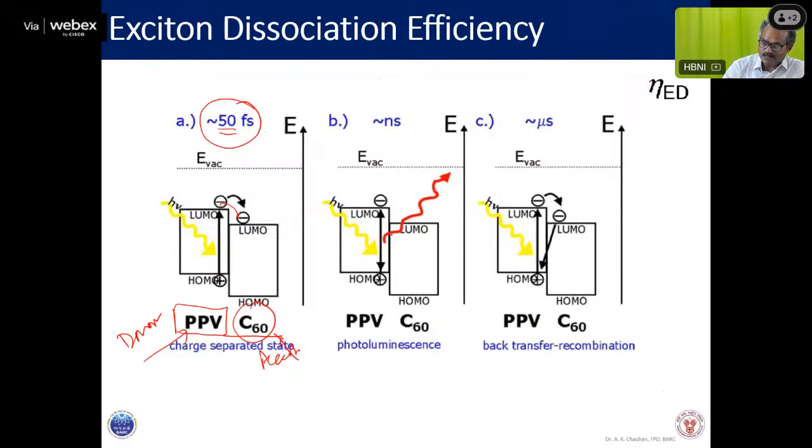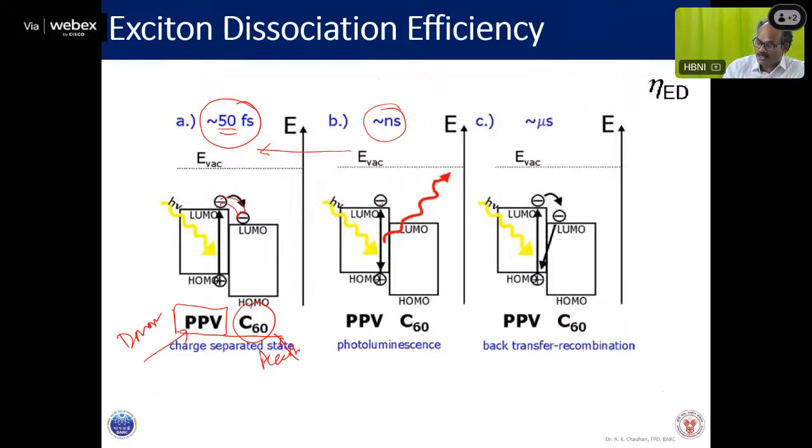However, the back transition, or the photoluminescence, is actually normal recombination. The time scale there is nanoseconds. So the probability of the separation of the electron hole pair is 1000 times more than the recombination.